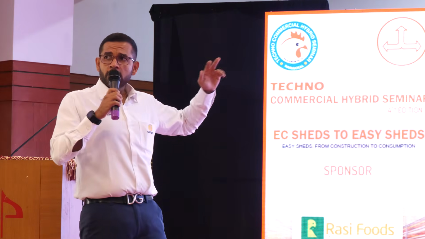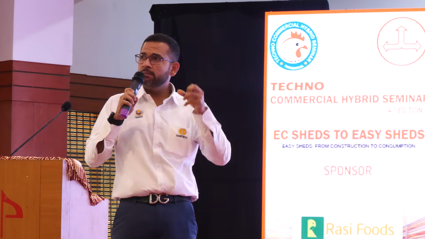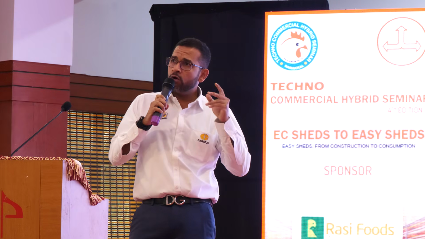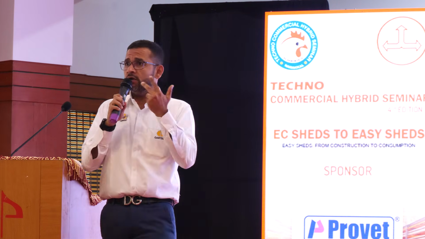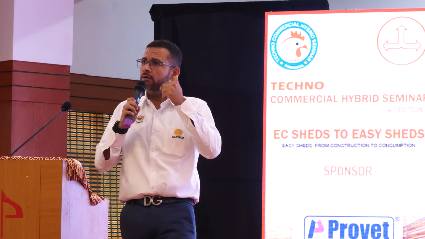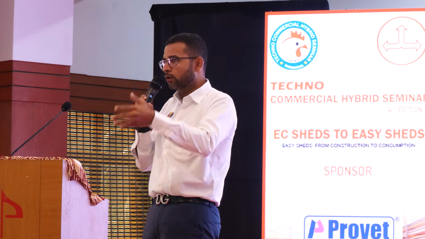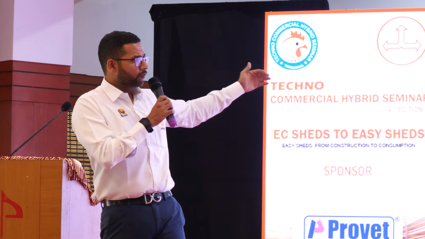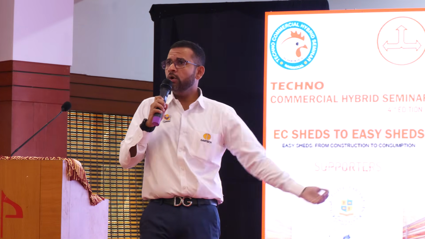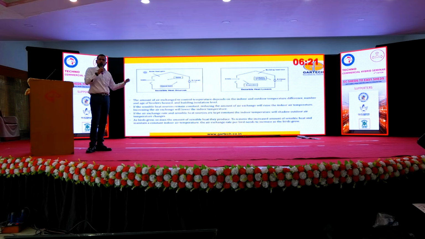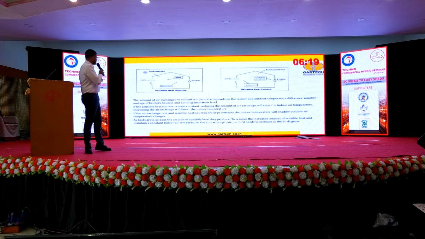The reason is because heat is not just coming from the birds, but the heat is also coming in from the house itself. And this sometimes we don't consider. We put the best kind of fans, we put the best kind of controllers, but through the roof, through the side walls, through the curtains, you have heat coming in or heat being lost, which is a major issue.